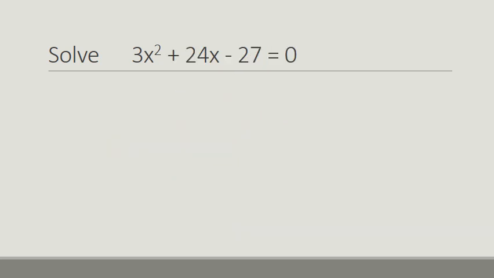All right, so when we're completing the square, we want our x squared term to have just a 1 in front of it, a positive 1 in front of it. So what I'm going to do is I'm going to divide everything in the equation by 3 so that I get x squared plus 8x minus 9 equals 0.